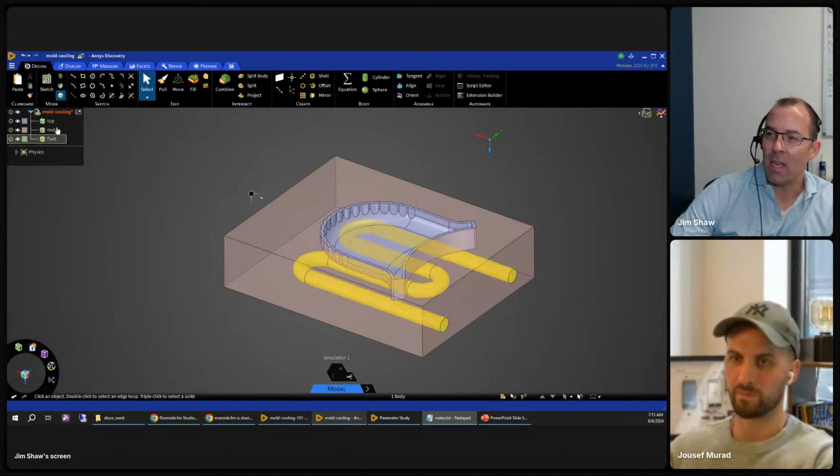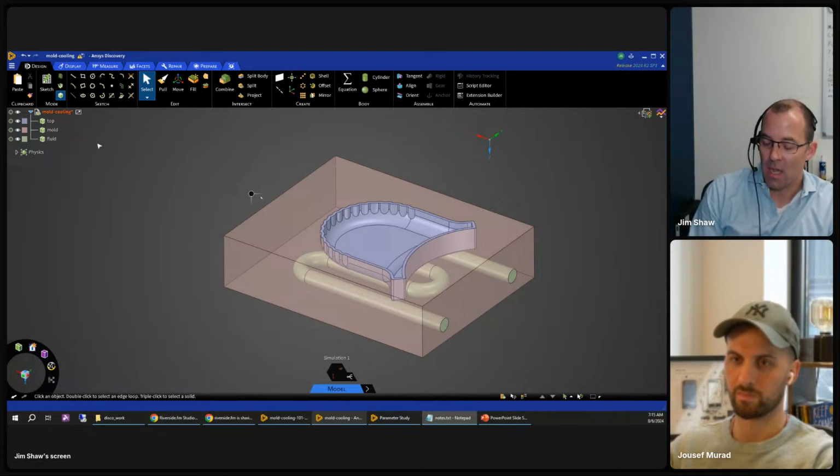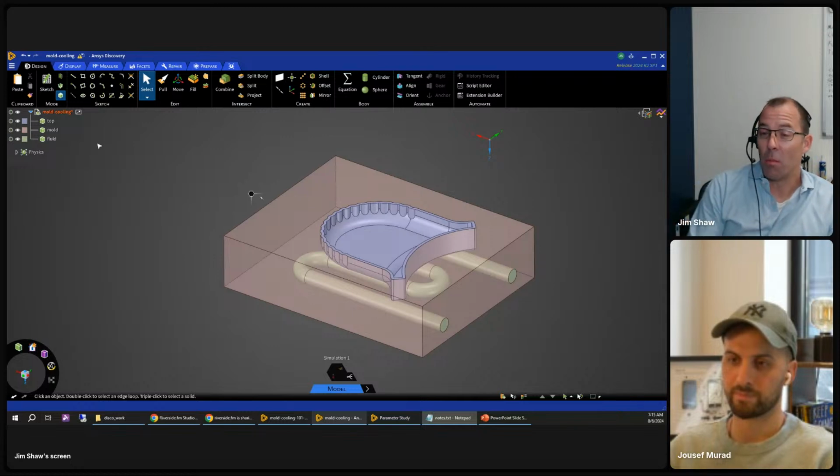But the key to understand here is I've imported this directly from a native CAD program. In mold design, it is extremely rare, if you are a mold designer, that you have access to the molded part in its native CAD file.